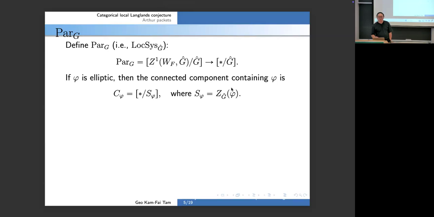Let's say if phi is elliptic, then the connected component containing phi is this C var phi that I mentioned. But this is just the classifying space of the centralizer group of var phi.